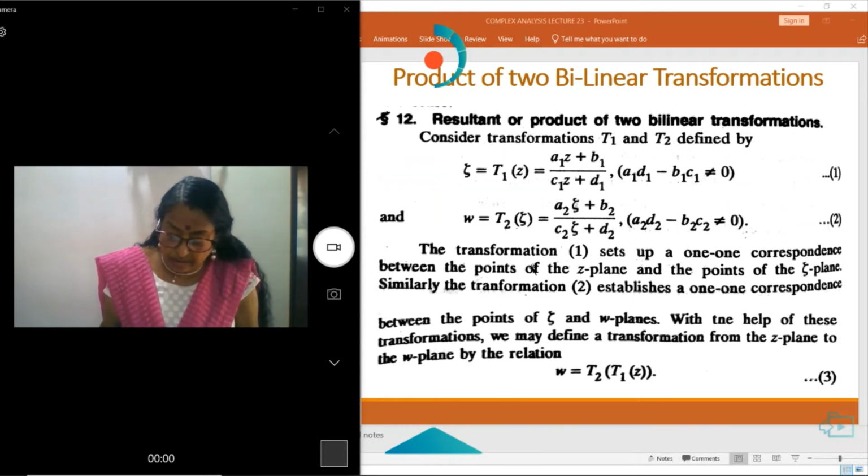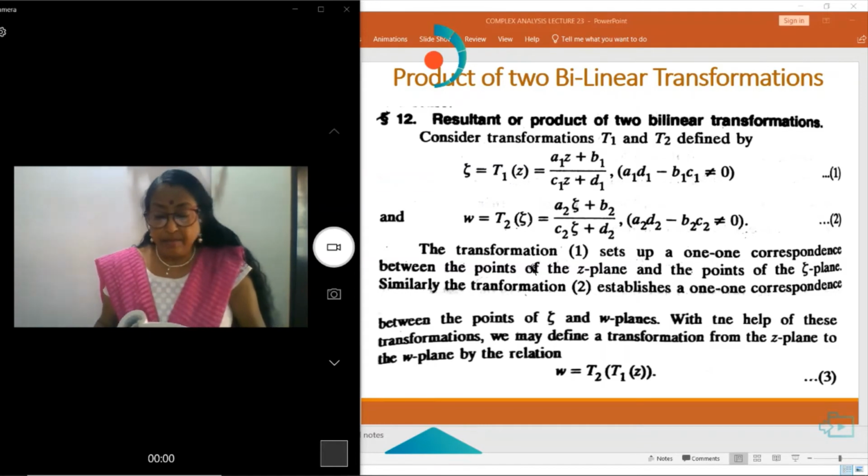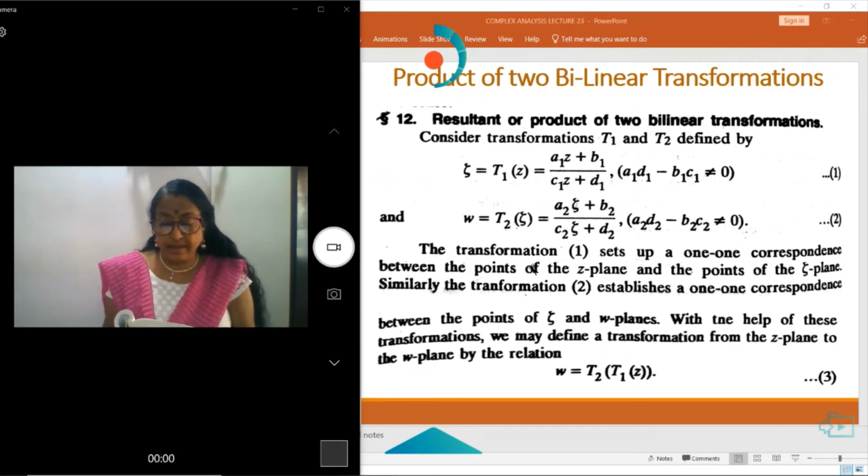Similarly, w is equal to tau 2 zeta, which is equal to a2 zeta plus b2 divided by c2 zeta plus d2, where a2 d2 minus b2 c2 is not equal to 0. The transformation 1 sets up a one-to-one correspondence between the points of the Z plane and the points of the zeta plane. Similarly, the transformation 2 establishes a one-one correspondence between the zeta plane and the W plane.